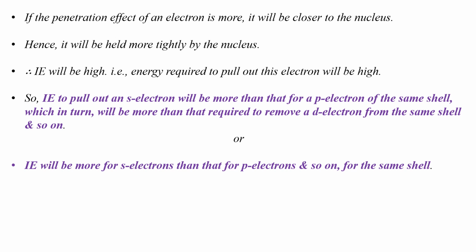We need to spend so much energy in order to remove this electron from the tight hold of the nucleus. Hence, ionization enthalpy to pull out an s electron would be more than that required for a p electron of the same shell, which in turn would be more than that required to remove a d electron, and so on. In other words, ionization enthalpy would be more for s electrons than that for p, d and f electrons of the same shell.